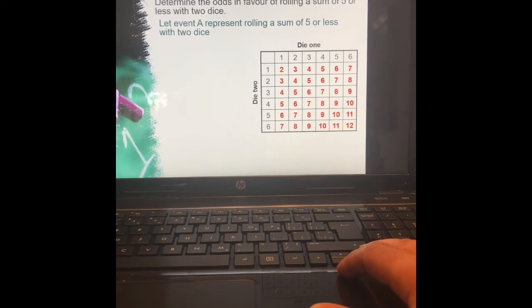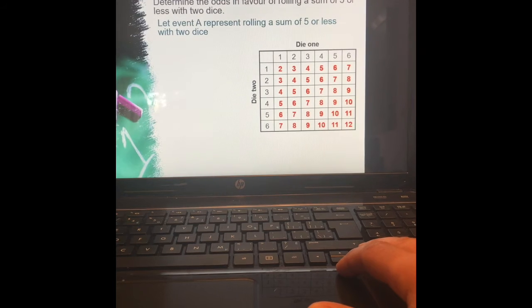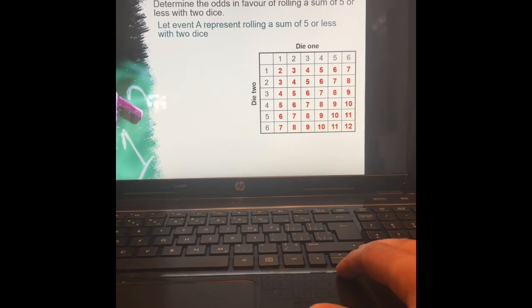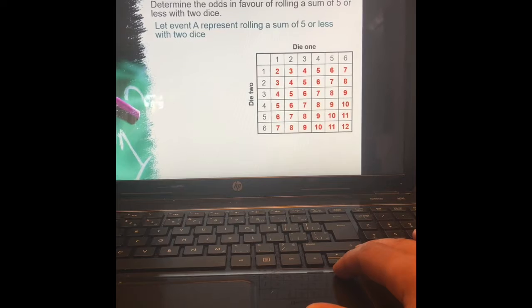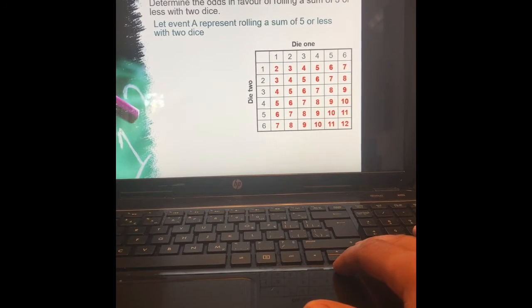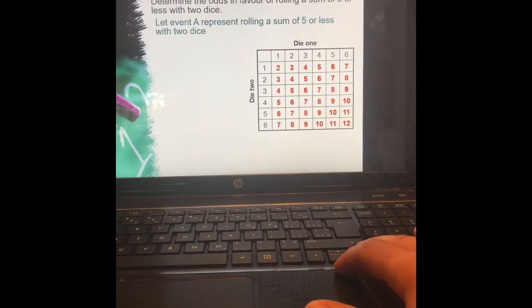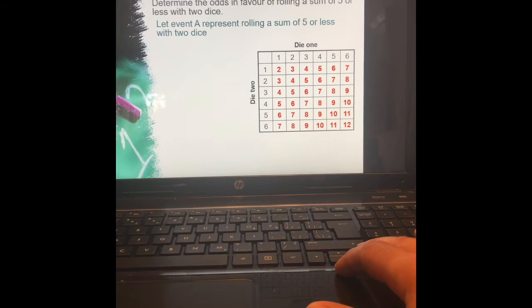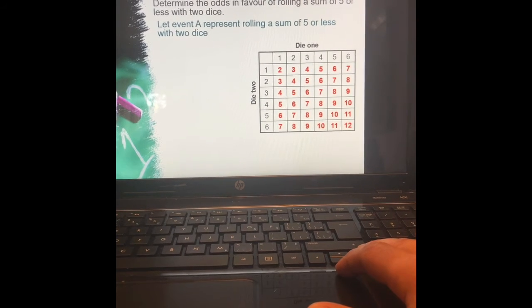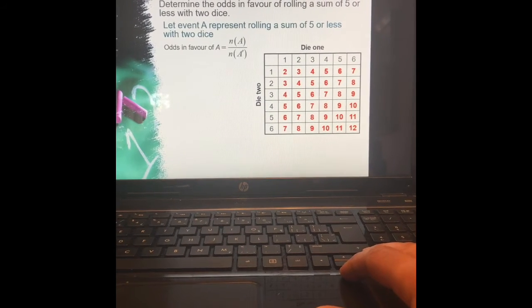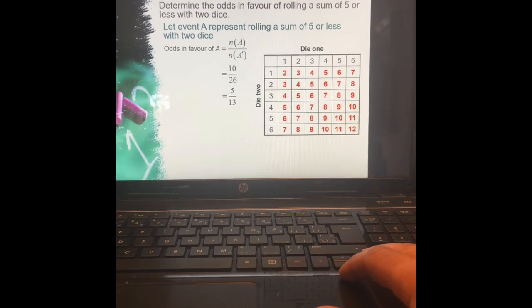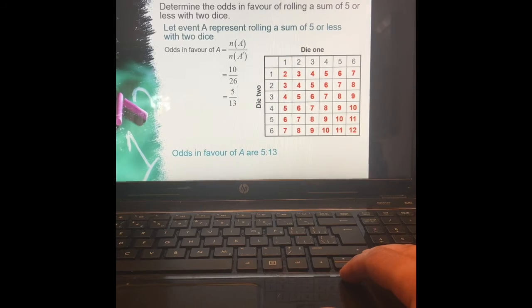We have 1, 2, 3, 4 5s, 3 4s, 2 3s, and a 2. So that's 1, 2, 3, 4, 5, 6, 7, 8, 9, 10. So the ratio would be 10 to 26. And put in lowest terms.